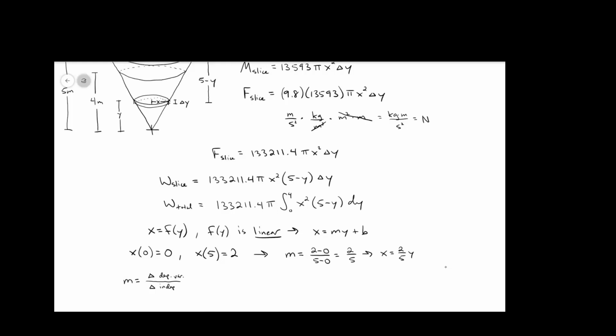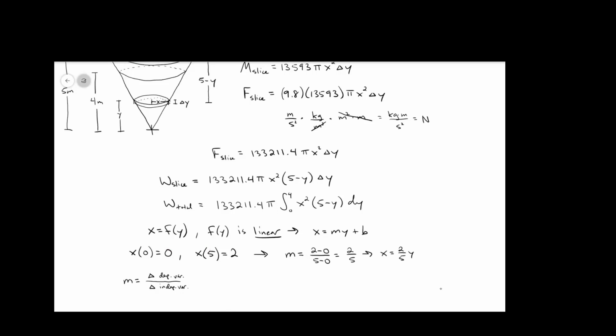And that's what we have to be getting used to in this Calculus 2 class, getting away from the typical y equals mx plus b situation and being able to do this with any labeling of variables. If we're talking about a linear function, it's always change in dependent variable over change in independent variable. And the dependent variable in this case is x. Really, the best way to do it is this one minus this one divided by this one minus this one. So try to remember that when we're finding these linear functions.